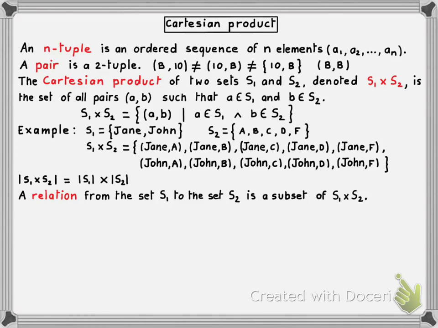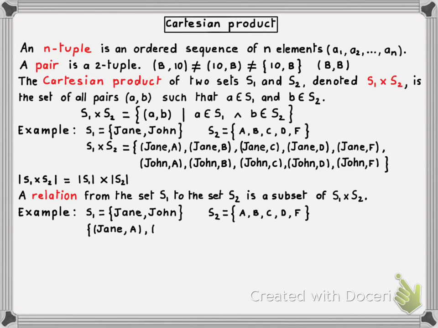So a relation is a set. And which set is it? It's any subset of this one, which we just defined. So let's consider the same examples for S1 and S2. What would be a relation from S1 to S2? Well, here is an example here.